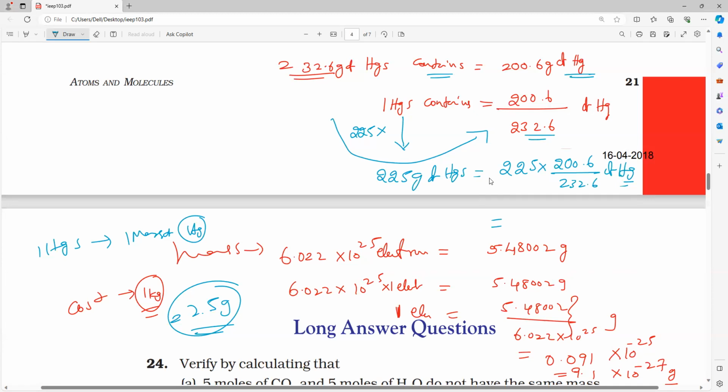I'll multiply both numerator and denominator by 10, so I'll get 225 into 2006 divided by 2326. Any doubt, anybody can ask me. If anybody does not understand, you can ask, I'll explain.